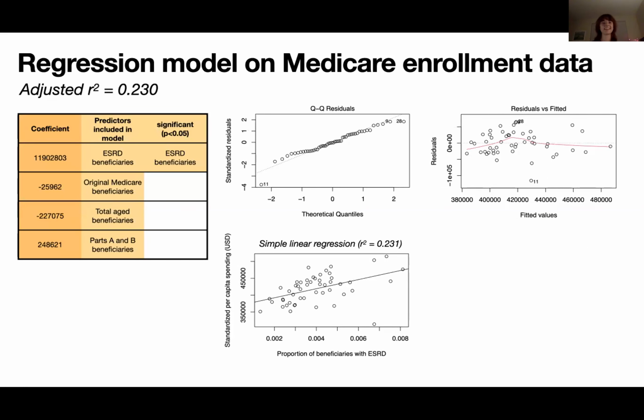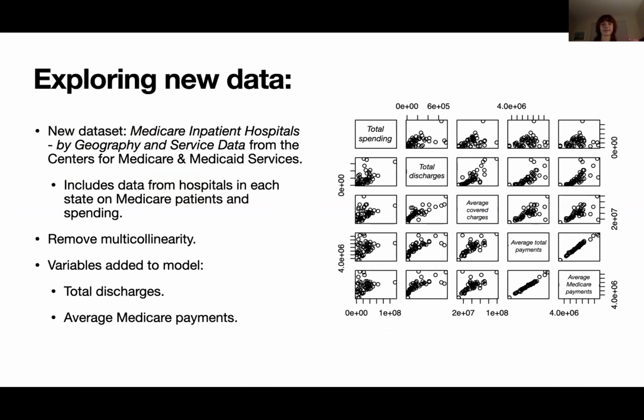So I went back, looked for more data, and I found this data set that included data from hospitals that were treating Medicare patients as well as receiving funding from Medicare. And I looked through the data, I removed any multicollinearities, and I was able to add 2 new variables to my earlier model of Medicare enrollees.